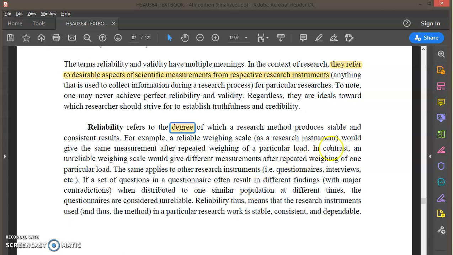So here it says, in contrast, if it's unreliable, it will give a different measurement. For example, first time it's 55 kilograms, second time it gives me like 70 kilograms. So that is what it means by an unreliable research instrument. Right? So the same also applies to other research instruments, for example, questionnaires, interviews, and so on and so forth.